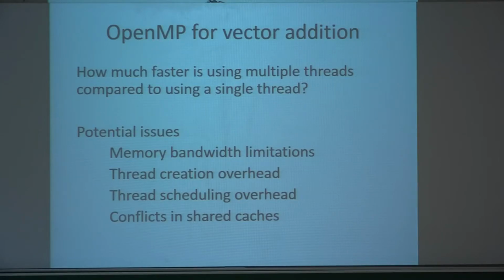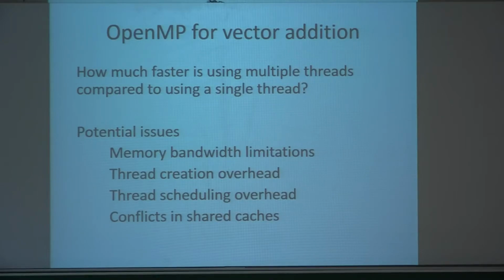Okay, so there is some cost to using OpenMP, and that is when you create threads, there are some overheads. So you have to be aware of that, just like if you were using POSIX threads. Scheduling the threads may involve some overhead, and there are different implementations of schedulers, some of which are more efficient than others. But in any case, the concept I want to point out here is that if you have 8 threads, you cannot expect your program to always be 8 times faster than if you use a single thread.